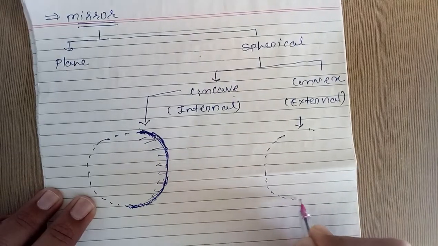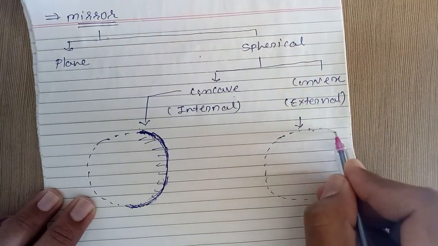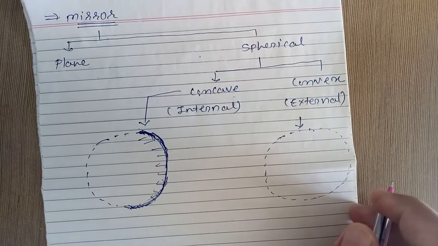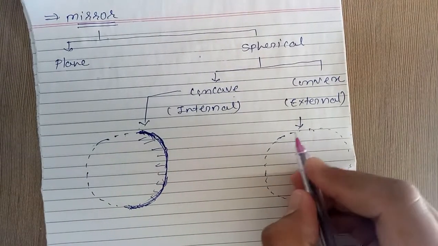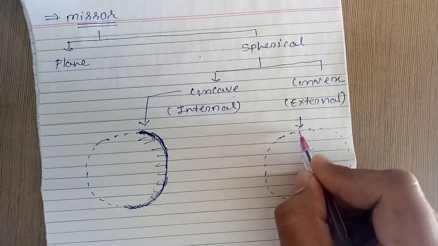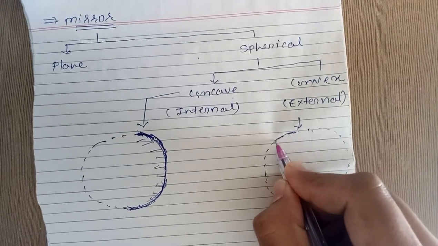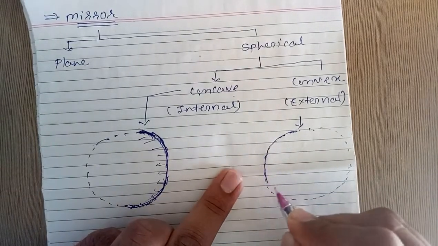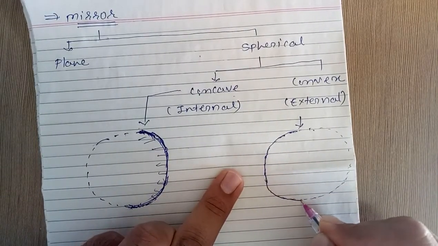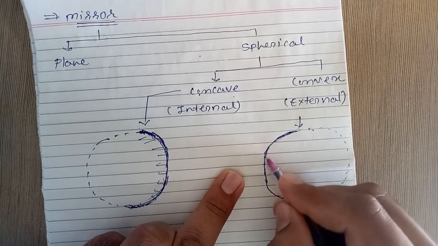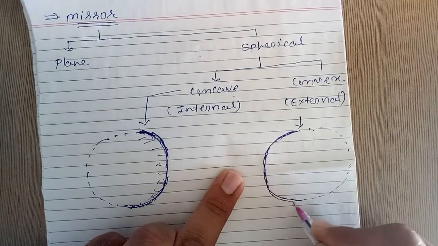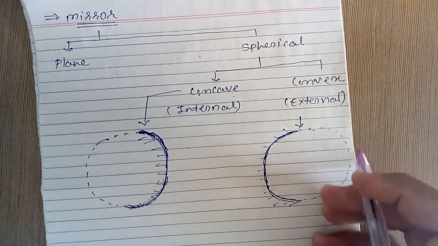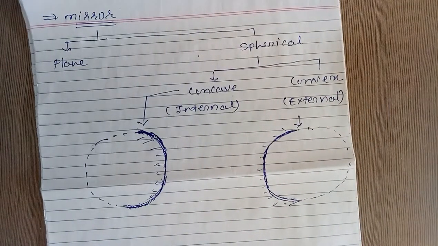Suppose this is our spherical mirror or our shell. Here we made the external surface reflective. So this is our external surface, I shade it. So this mirror is known as a convex mirror.